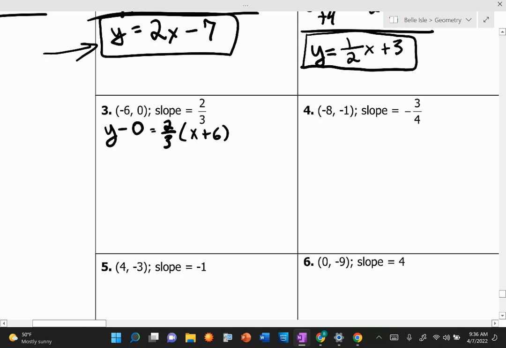Okay. So now when you distribute, I'm going to write it out so that you can see how it should look. Y minus 0 is going to be what? Y. Right? If I have 2 and I take nothing away from it, how much do I have? 2. So why is the 6 not negative?